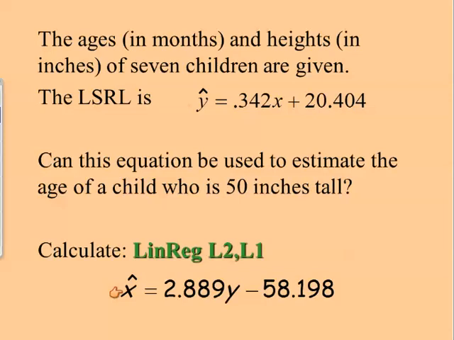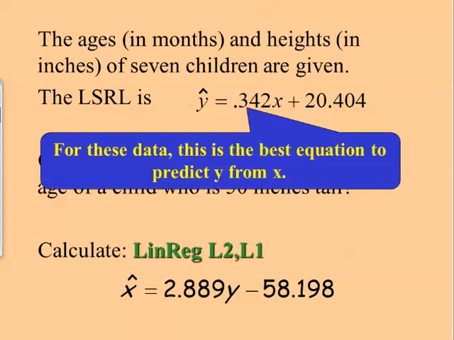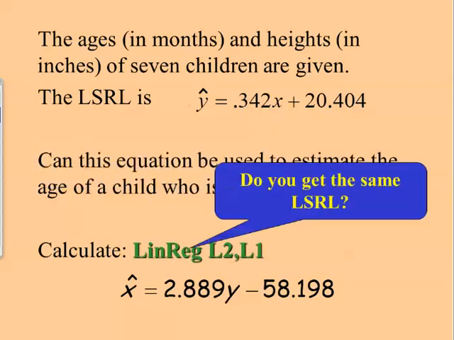Is this helpful? Well, you've seen this used in the CSI shows when they measure the height of a person and say we can predict how old someone was. Basically, they use this linear regression going backwards to get a predictor of how old a child was based upon its height.